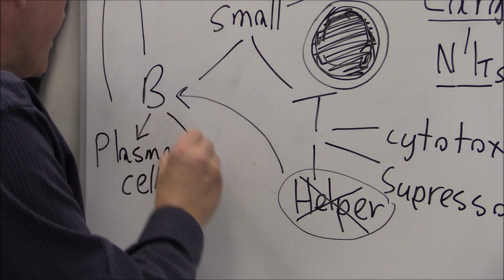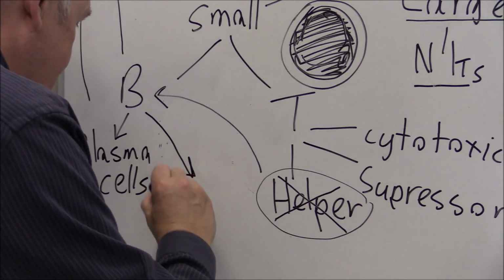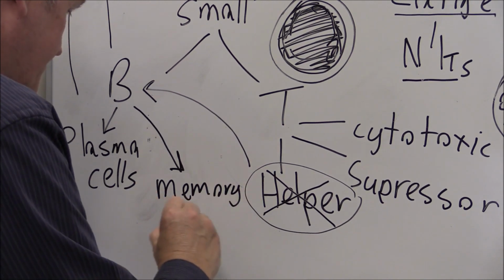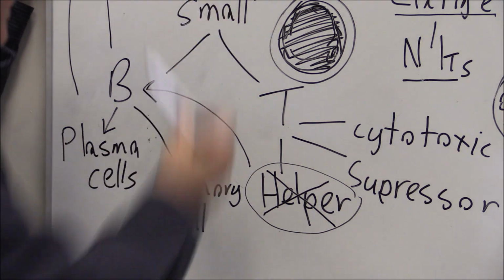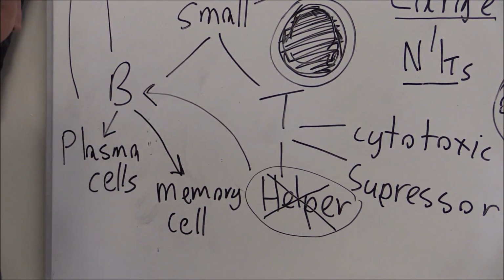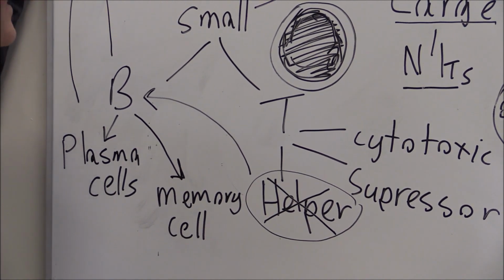And then when the infection's gone, another type of B cell is called a memory cell, a memory B cell. And that remembers how to make that specific immunoglobulin against a specific antigen, meaning that the immune response will be much quicker the next time.